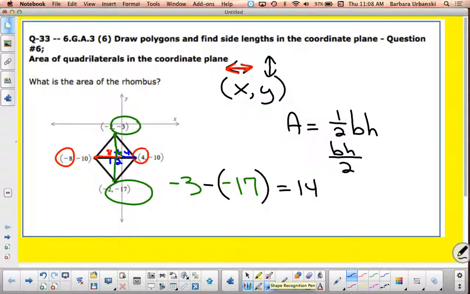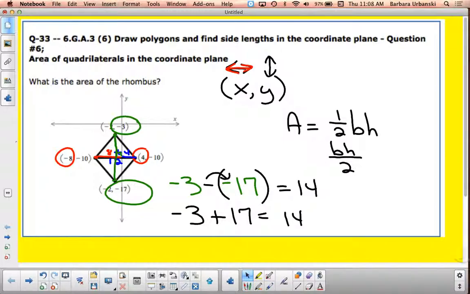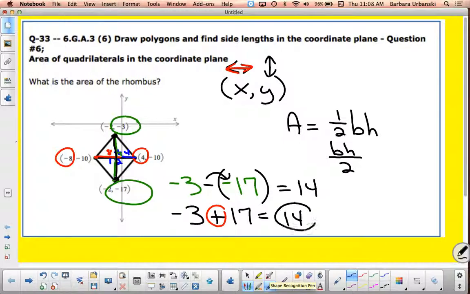We've done this in class where we look at -3, that's where we're starting out, and if we take away negatives, it would be just like adding positives. So we could look at -3 plus 17, and we get a sum of 14. So the distance between this vertex and this vertex would end up being 14.